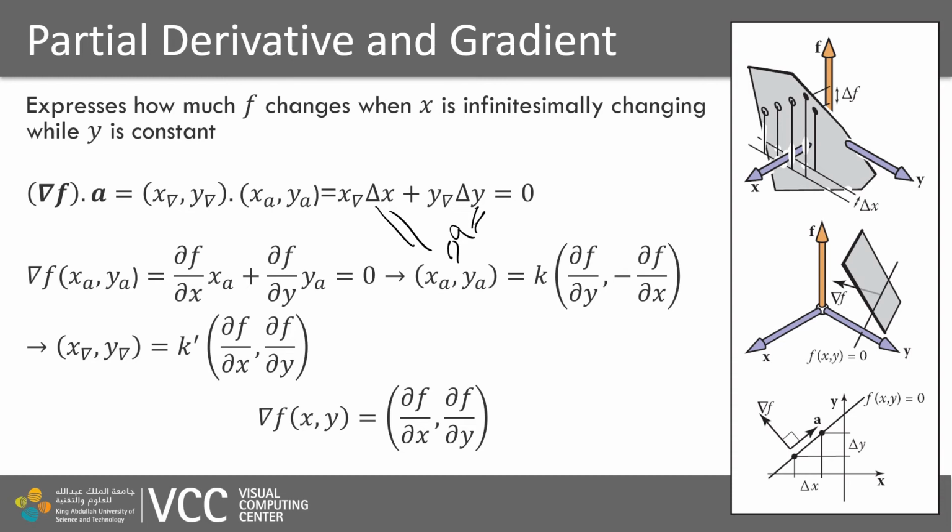So this means that although the values xa, ya are a vector, none of these two vectors is a 0 vector.